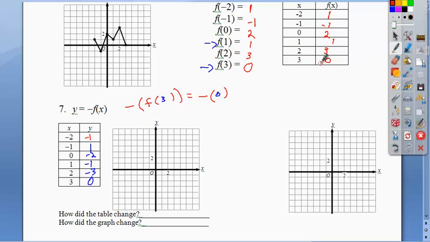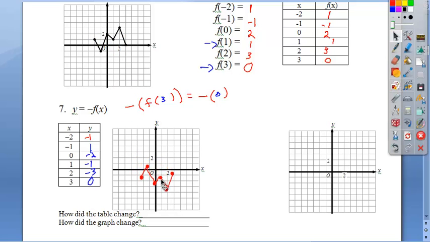And so then I go ahead and plot my points: negative 2, negative 1; negative 1, positive 1; 0, negative 2; 1, negative 1; 2, negative 3; and then 3, 0. And then again I connect my dots. Now this doesn't look very alike to this immediately, but if you take your graph and put it up against it, you'll notice that it's basically flipped completely from what I have here.